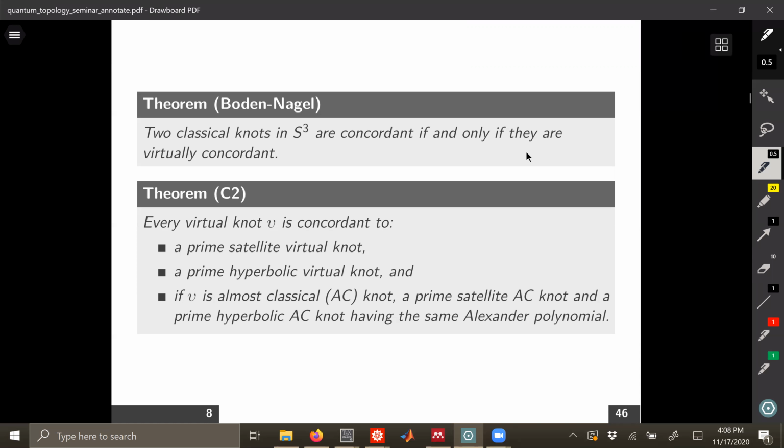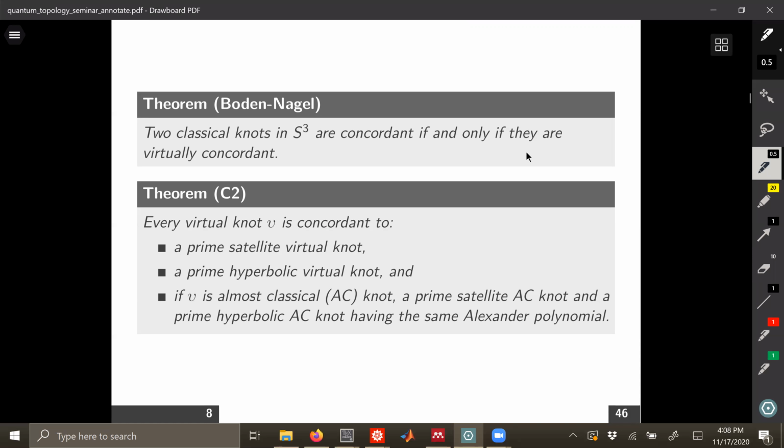You can show that every classical knot is concordant to a hyperbolic knot and also concordant to a prime satellite knot. Those are theorems of Livingston and Kirby and Lickorish.